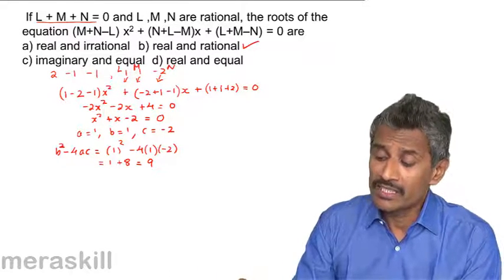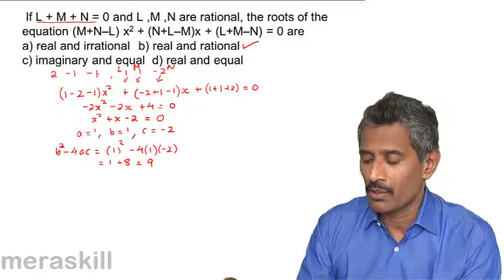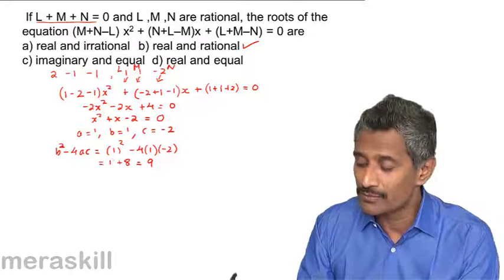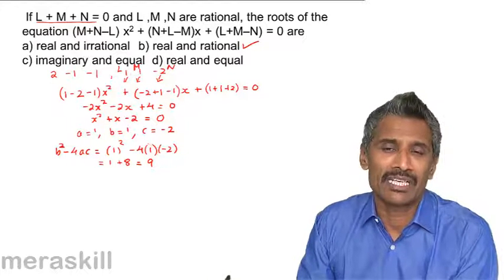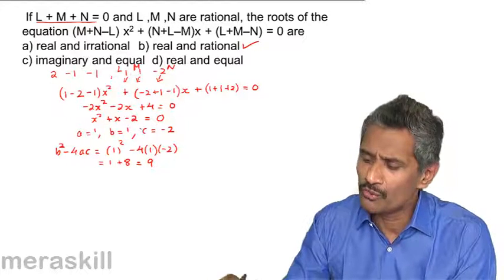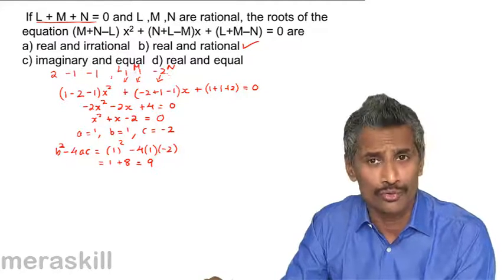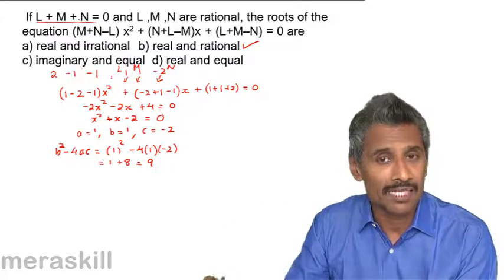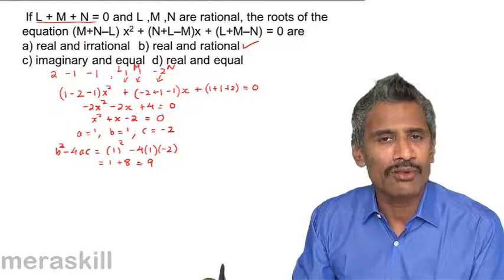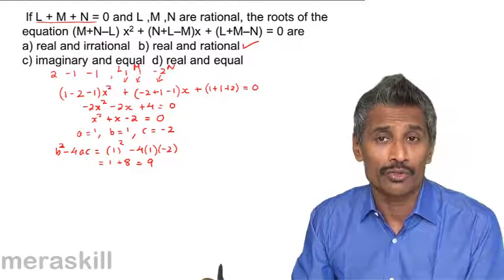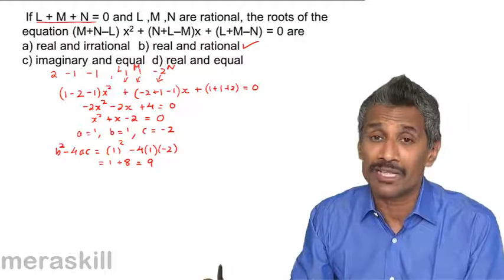Suppose you have taken it as 2, minus 1, minus 1. Obviously, B squared minus 4AC would not be 9, but it will also be a perfect square, something like 16 or 25. So whichever arbitrary values you choose which satisfy this equation, if you calculate B squared minus 4AC, the actual value would be different depending upon what you have chosen, but the nature is going to remain the same.